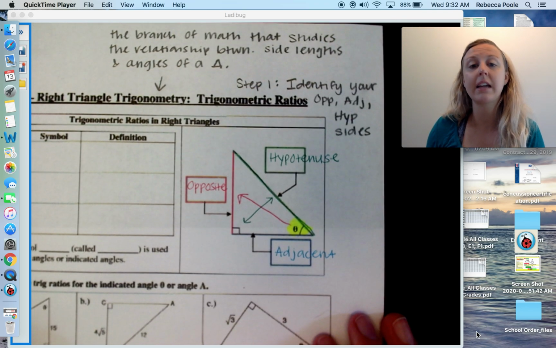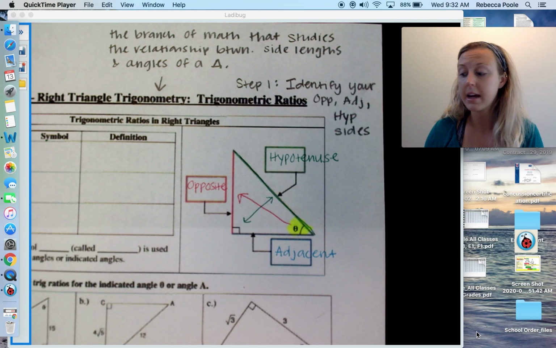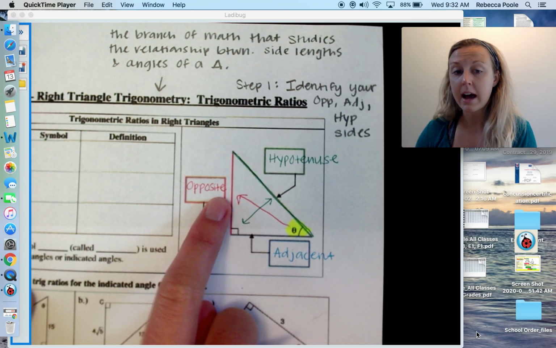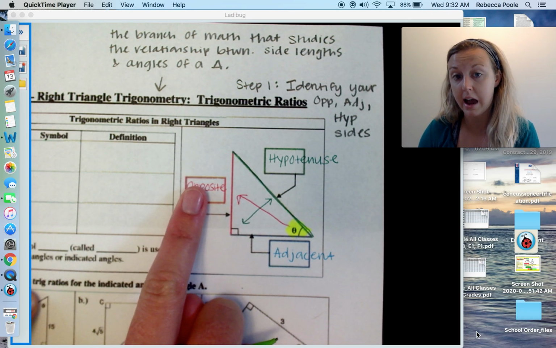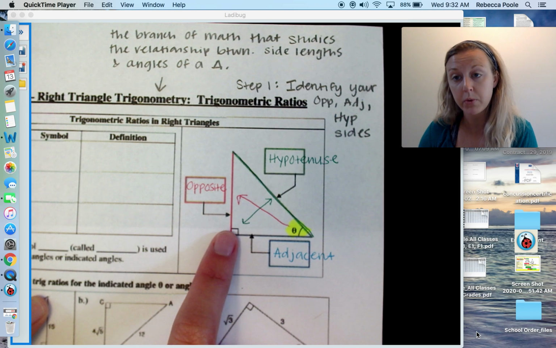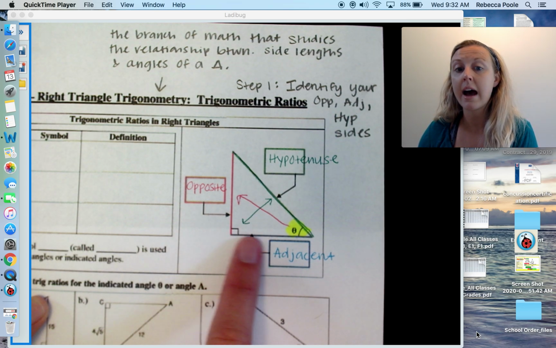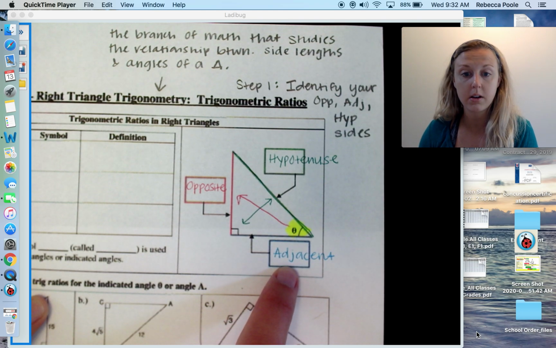Anytime you're doing any kind of trig problem, you need to identify what the different sides are, okay? So again, this side is all the way across from the angle, doesn't touch it. So that's the opposite side. The hypotenuse, you guys know, is always the longest side across from the right angle. And then the third side, the leg that's touching the angle, we call adjacent, okay?